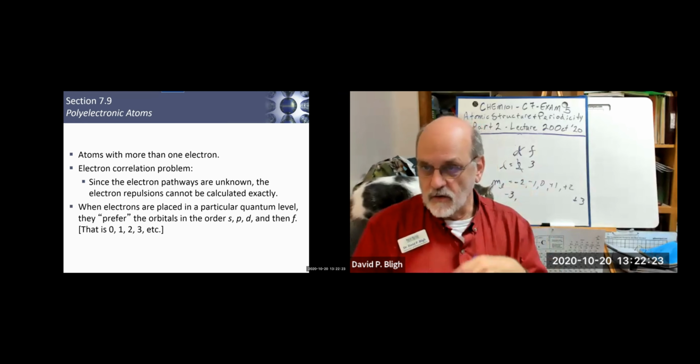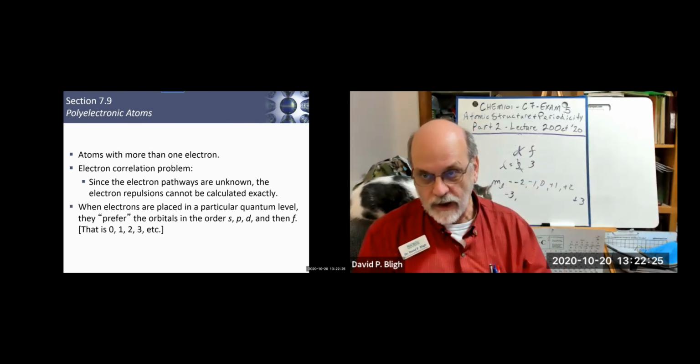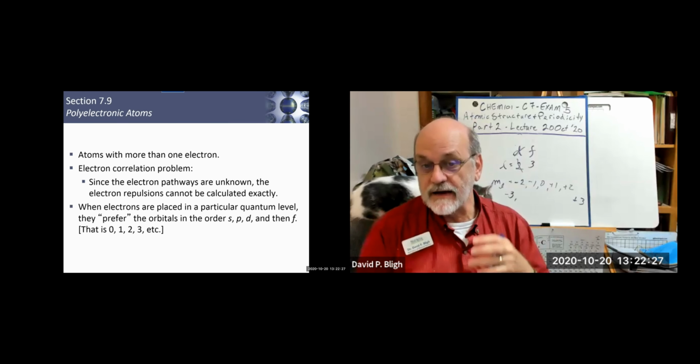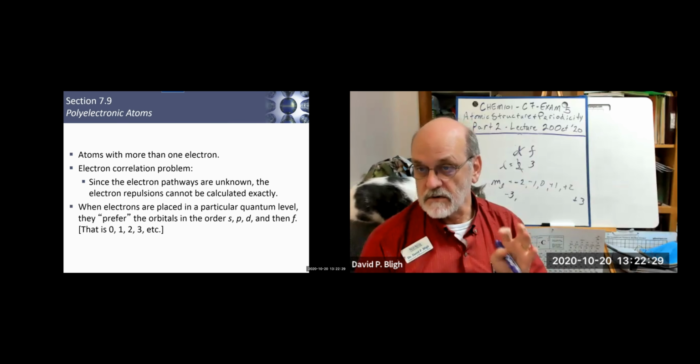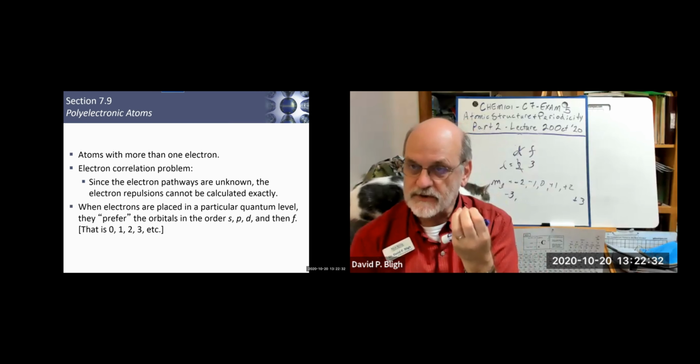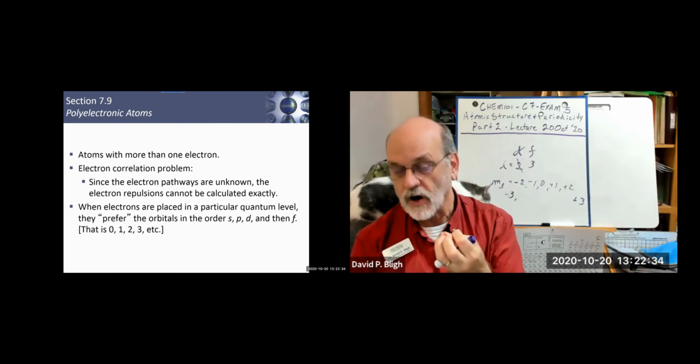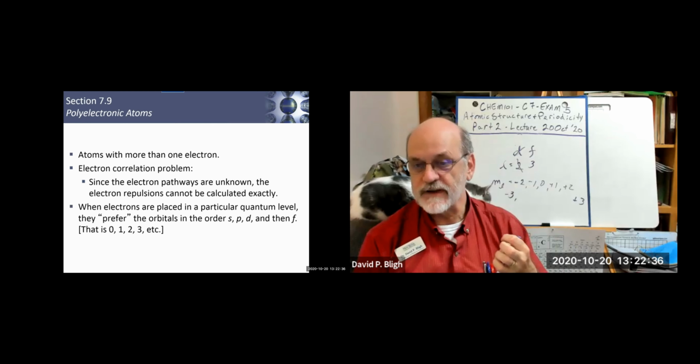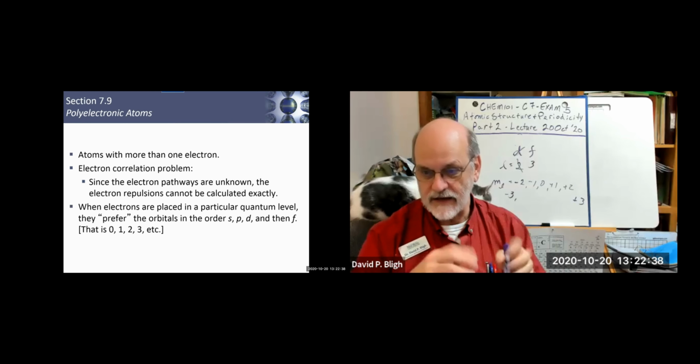So that's when it gets really complex really quick, trying to define what the true shapes and densities of these orbitals are when you are trying to fit lots of extra electrons in there.